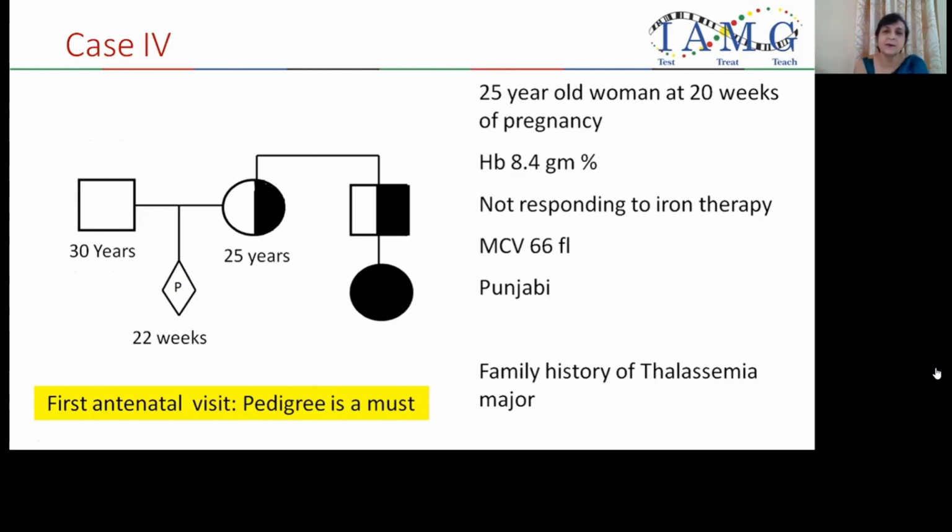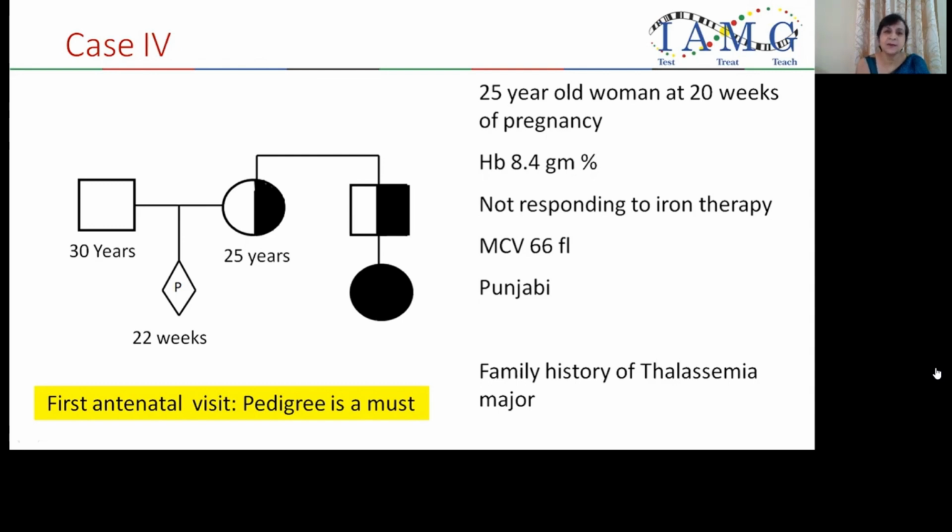I said that she could be a carrier of beta thalassemia, and she said yes, she knows her brother's daughter has recently been diagnosed with thalassemia major. So naturally, not only did we get the cause of her anemia, but also the possibility that her husband may be a carrier of beta thalassemia, and there is a risk of their child in the womb having a serious type of beta thalassemia major.